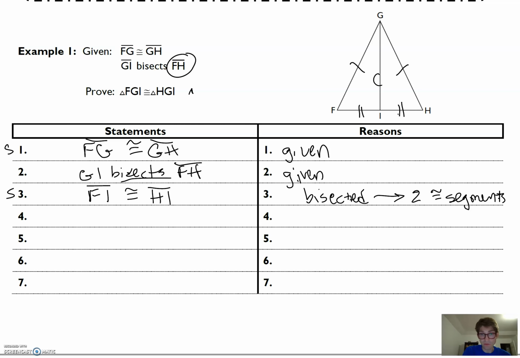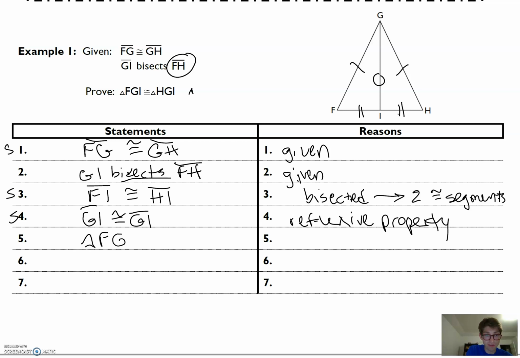We have this last one right here, and if you remember from yesterday, GI is congruent to GI by the reflexive property. So, we now can state that triangle FGI is congruent to triangle HGI because we have shown that all three sides are congruent.